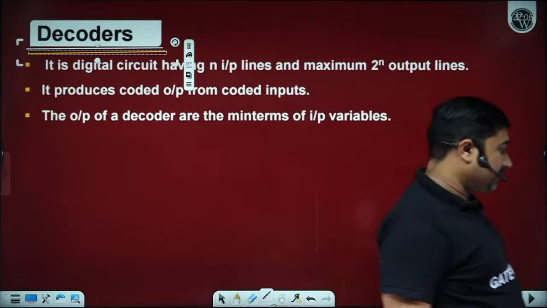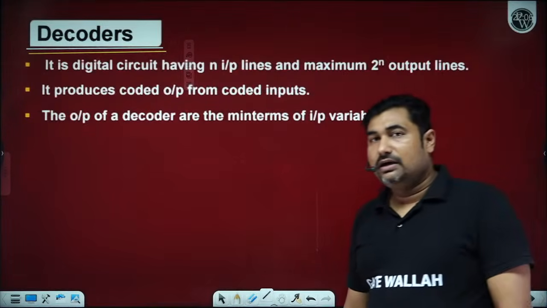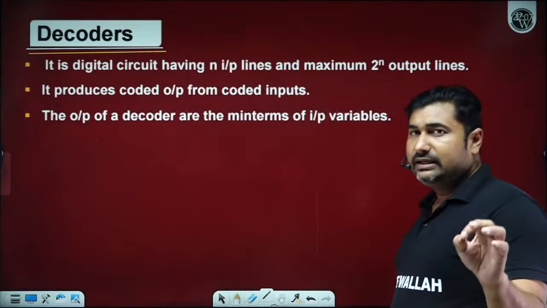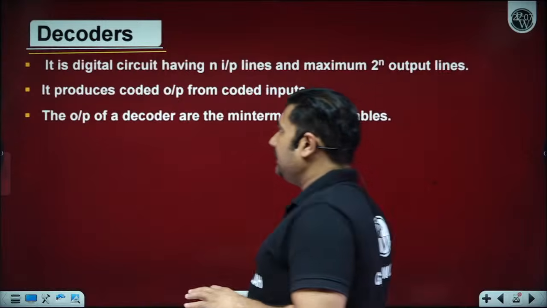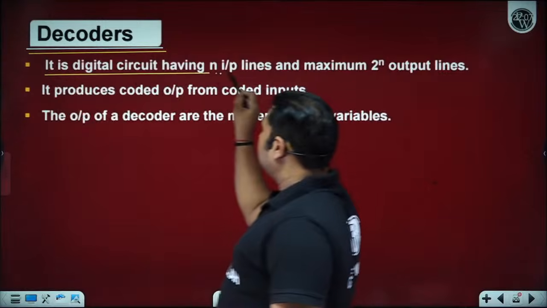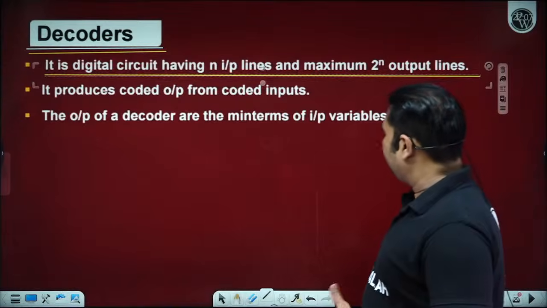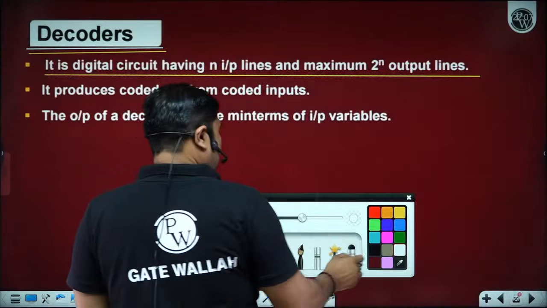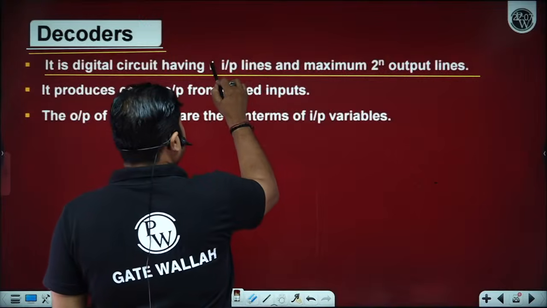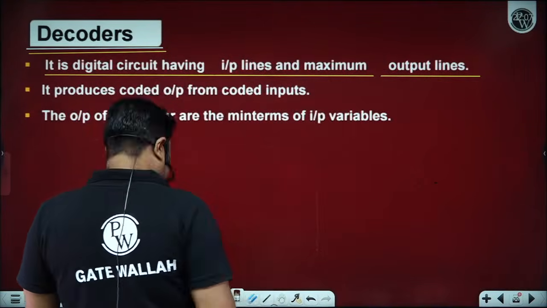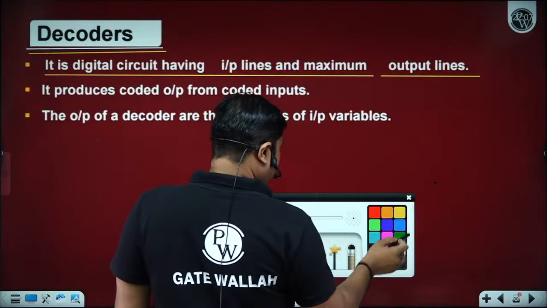Very important for your digital, for all the branches, including CS, IT, ECE, IN or EE. It is a digital circuit having n input lines and maximum 2 to the power n output lines.